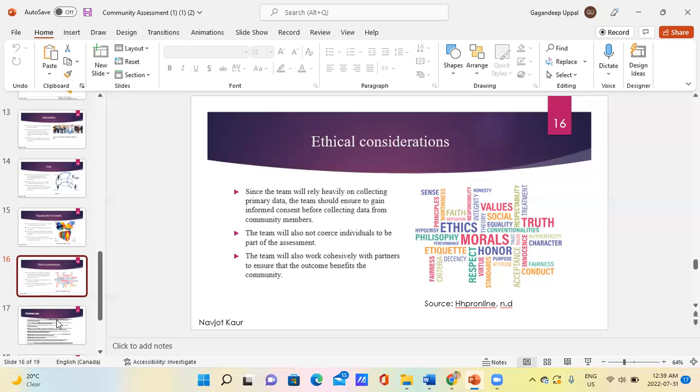We have to take that first. The team will also consider individuals to be a part of the assessment. They can motivate their clients to be a part of the assessments and educate them. But before undertaking any kind of assessment or procedure, they need to consider their ethics and take informed consent from them.